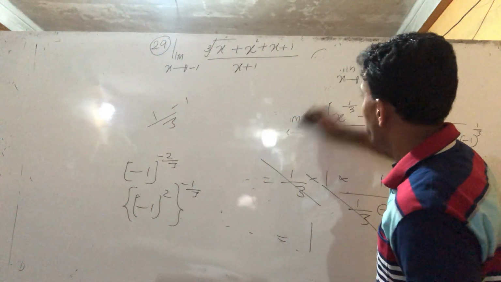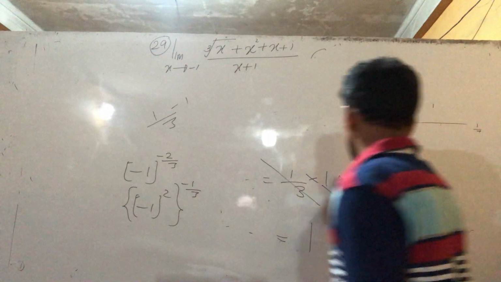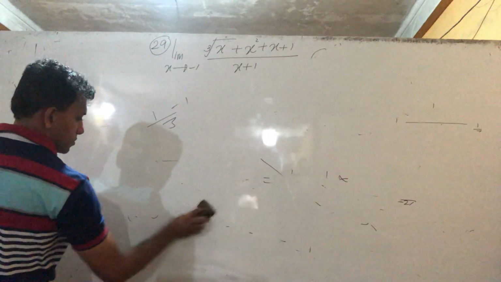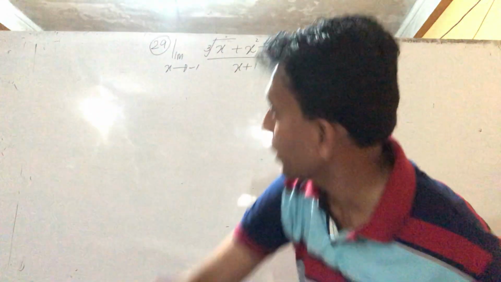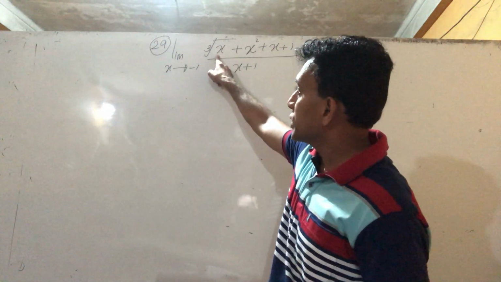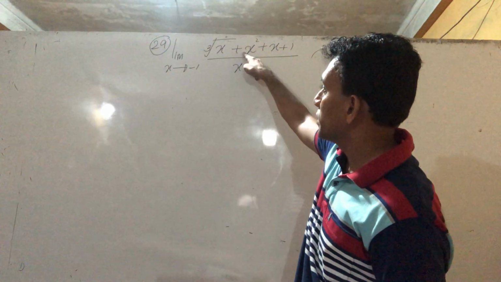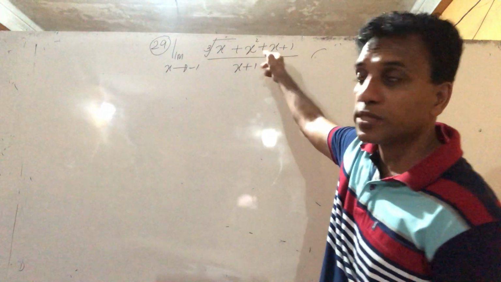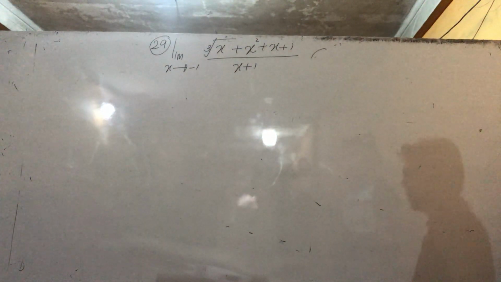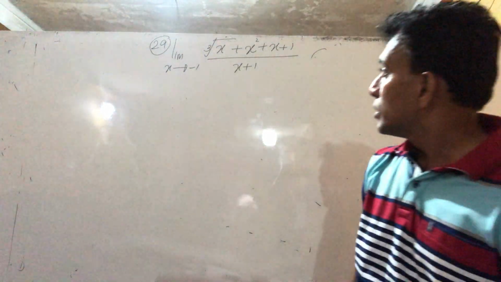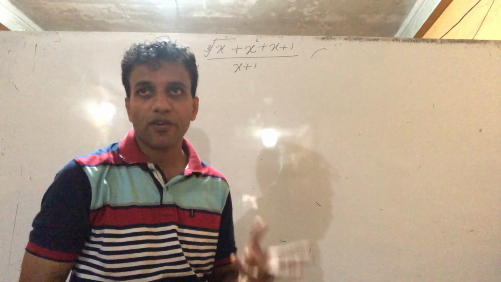Directly substitute, what happened? Put x as minus 1: minus 1 to the power 1/3 is minus 1, right? Here plus 1, so minus 1 plus 1 is 0, and below also 0. Therefore we get no answer in this way, right? So we rearrange, using simplification or factorization.